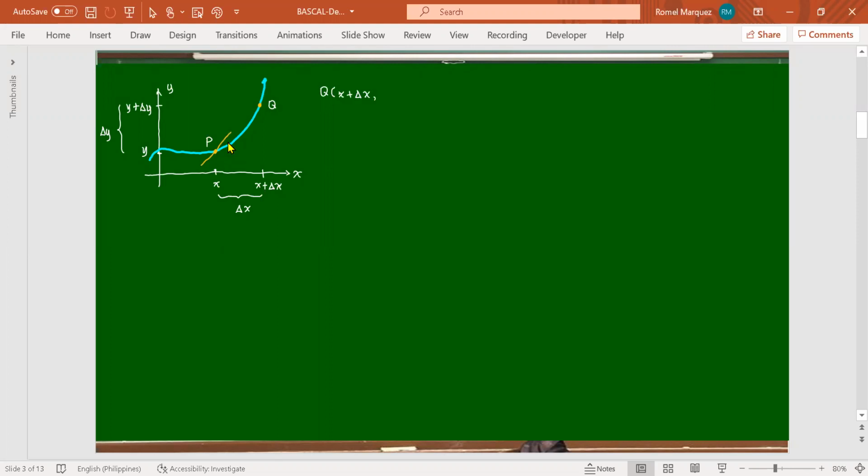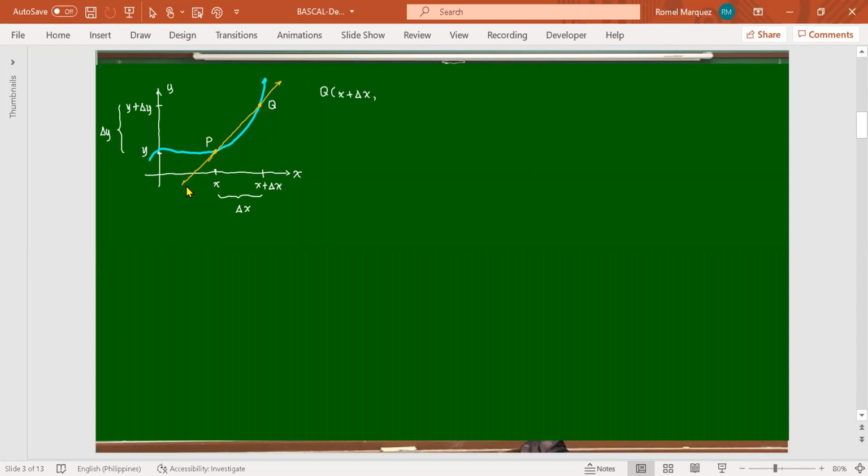Passing through those two points, we call this the secant line. What is this line again, guys? The secant line.